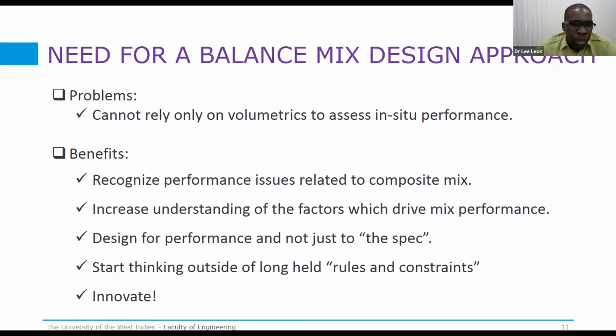And also, there is some innovation that can be done in terms of the mix design. So the contractors can be a bit innovative in coming up with a mix that actually performs well and can improve the life of the pavement structure.